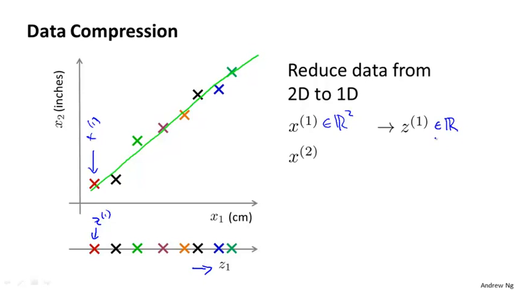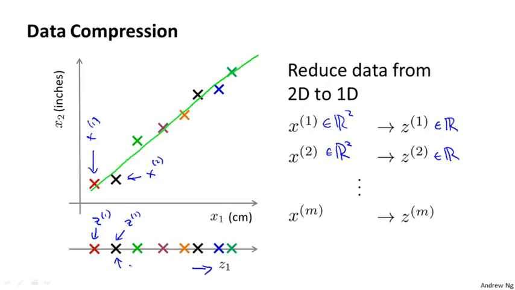And similarly, if x2 is my second example there, then previously this required two numbers to represent, but if I instead compute the projection of that black cross onto the line, now I need only one real number, z2, to represent the location of this point on the line, and so on through my m examples.